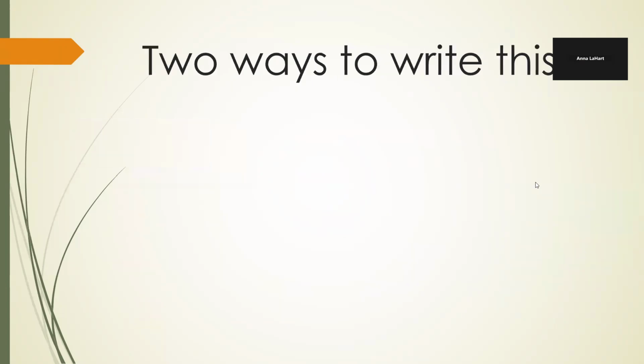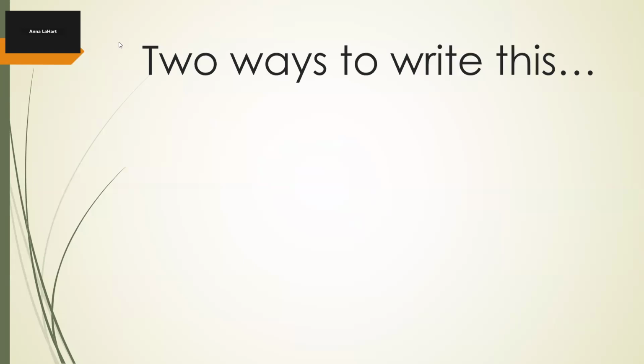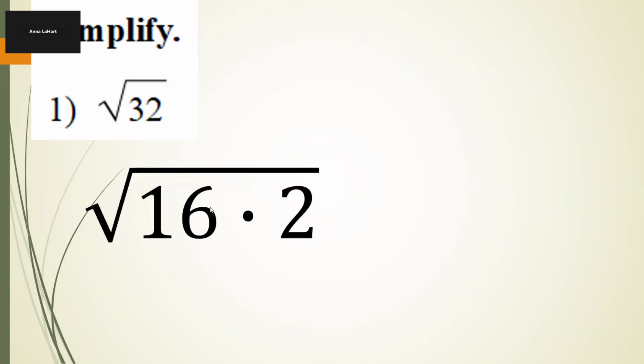There are 2 ways you can write these things, and Miss Lahart is lazy, so she chooses to write it a certain way, and I don't want that to screw up everything. So on this first one, please don't write anything until I show you. What I do is I think about what perfect square, in this case this is a square root, so the index is 2, can go into 32. I know that's going to be 16 times 2. I just write one radical, put the multiplication.